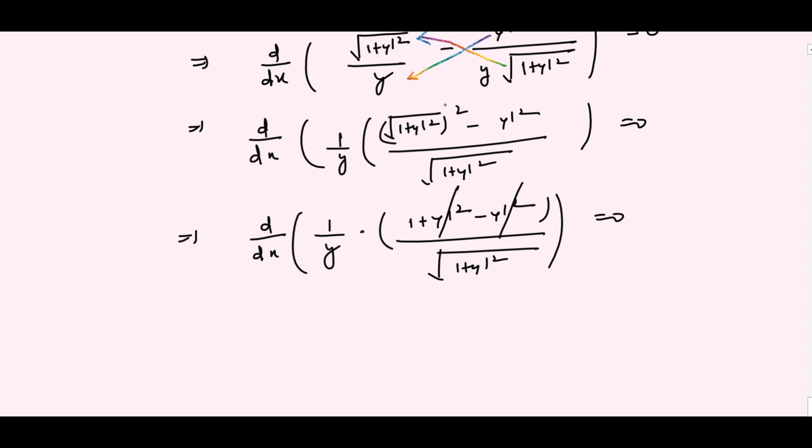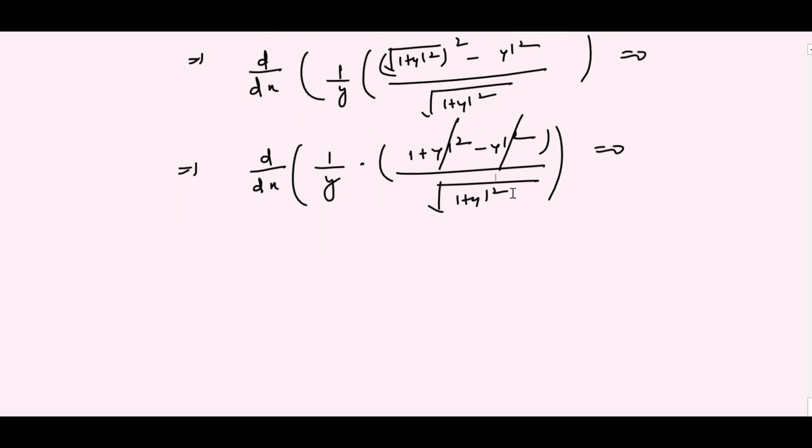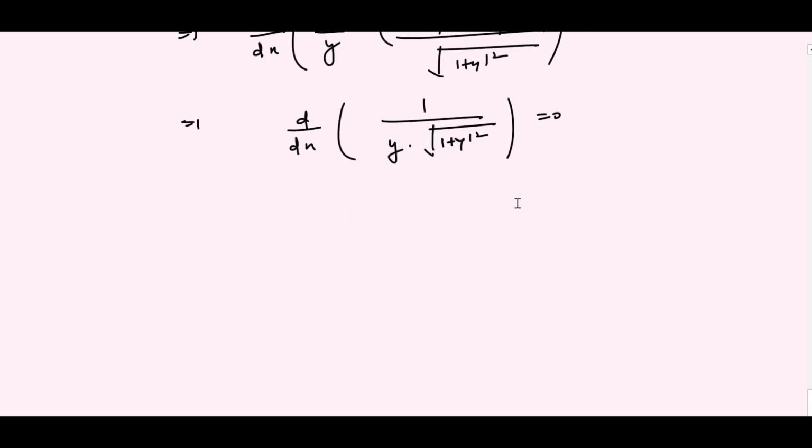This part get cancelled out, and it will give d over dx of 1 over y times of square root of 1 plus y dash whole square is equal to 0. So now integrating on both sides, so it will give 1 upon y square root of 1 plus y dash whole square is equal to c as a constant of integration.